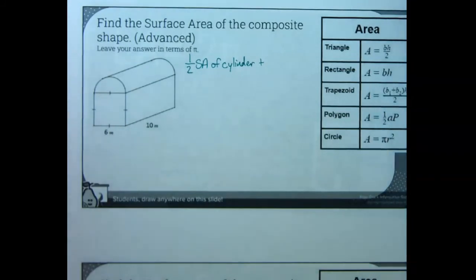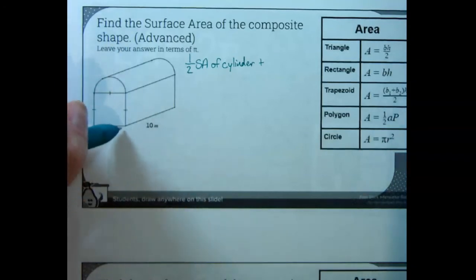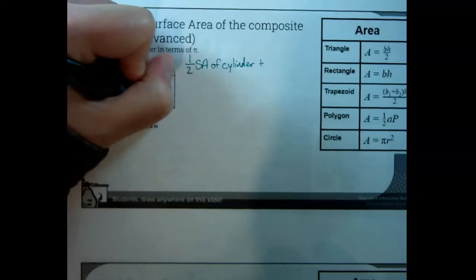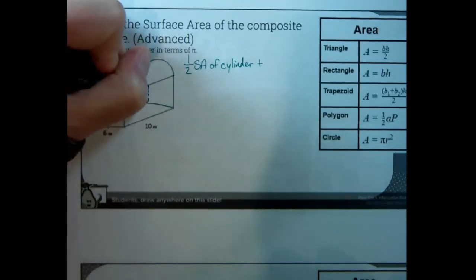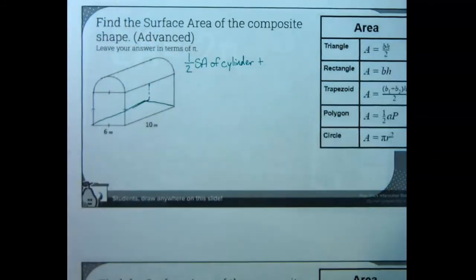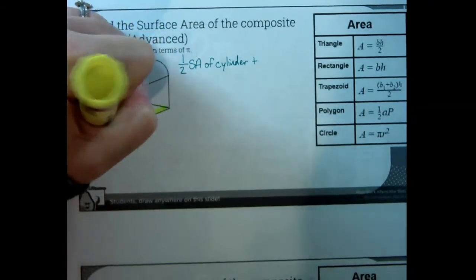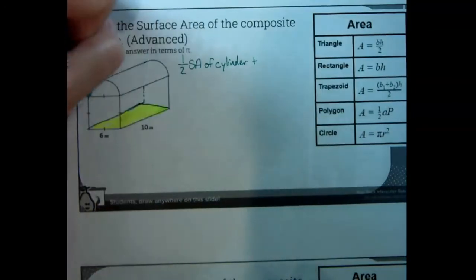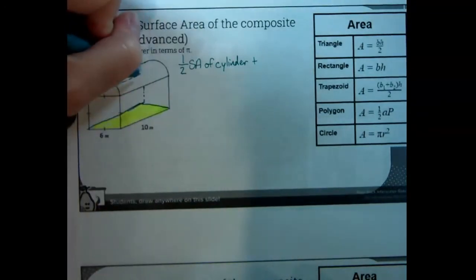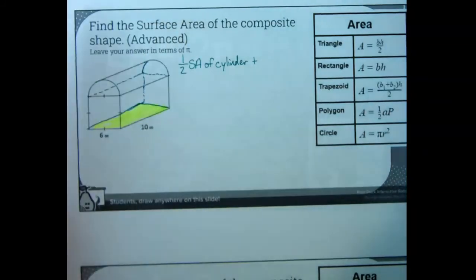And then we need, so if our bases of this prism are the bottom and the top, let me draw this in. Not the best drawing. So our bases are down here and right here.